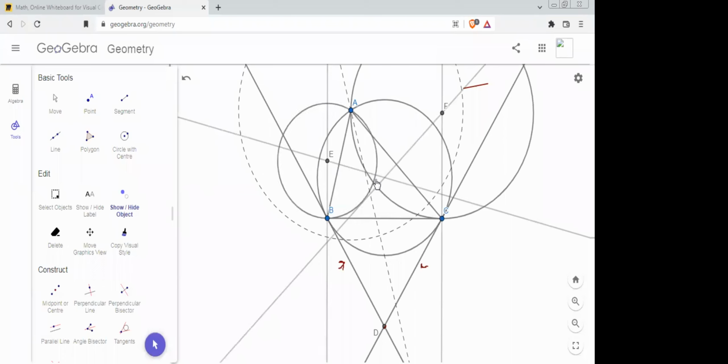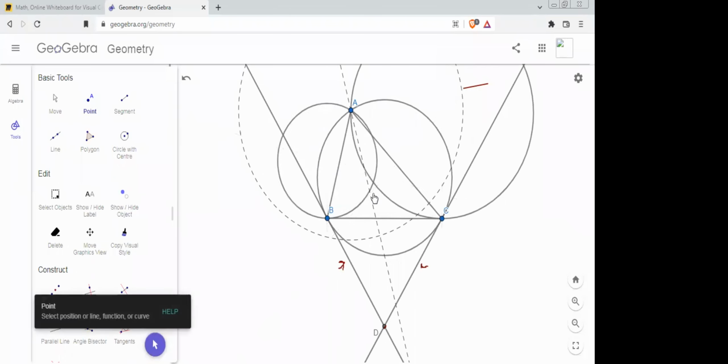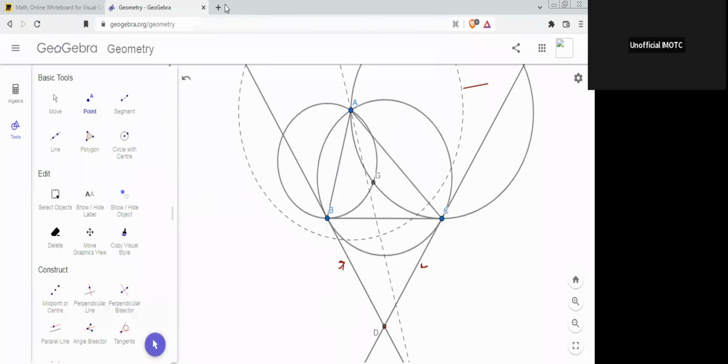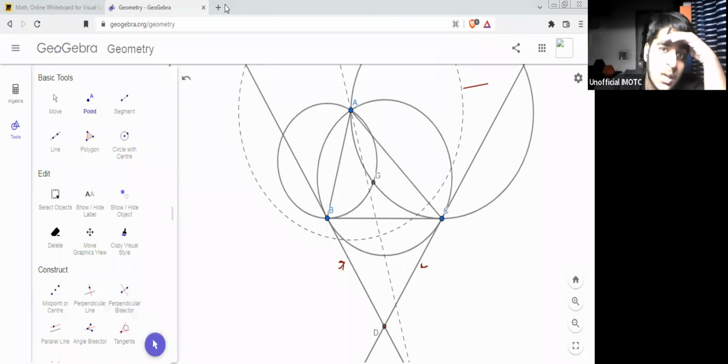Okay. So you see that G is the image of D, right? I assume that's a yes. Now we need to prove that G is the HM point.